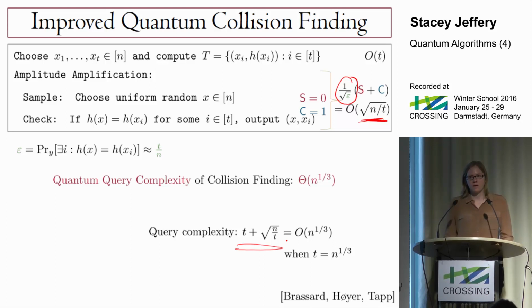So there are some classical algorithms that cost only square root of n queries, but use only logarithmic space. So there's some clever space. Pardon? Constant space. Well, to store, you only have to store 2 values.